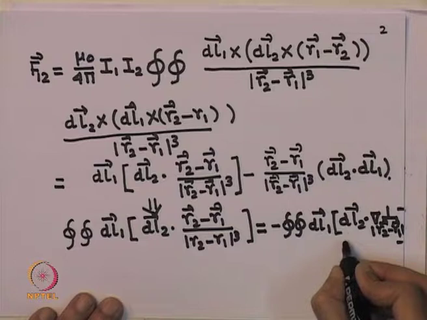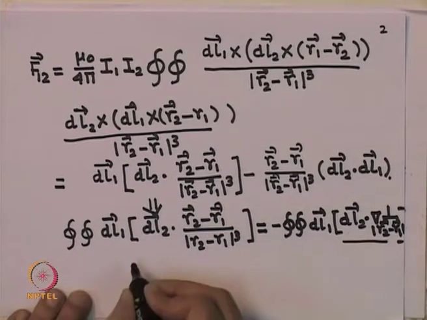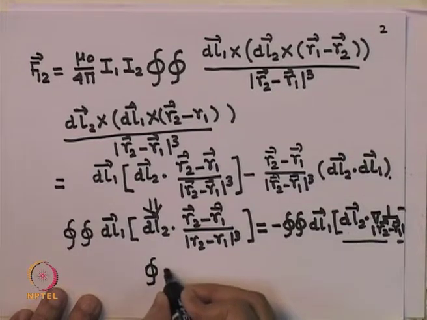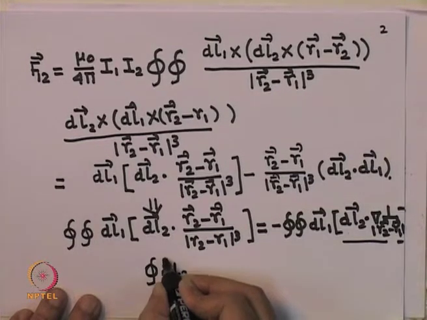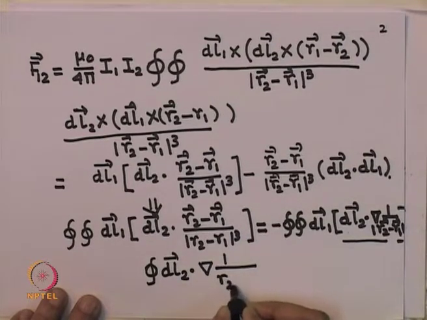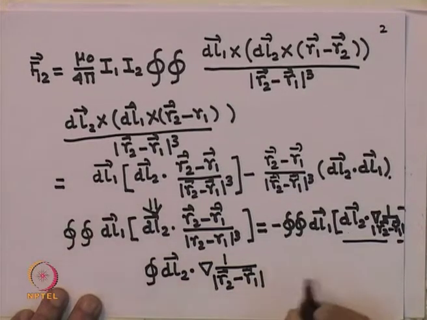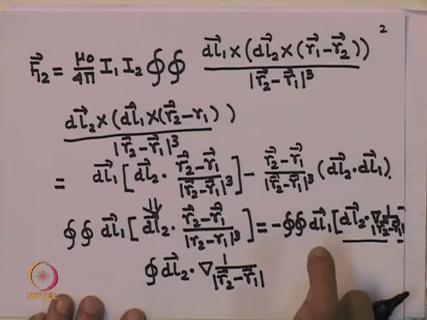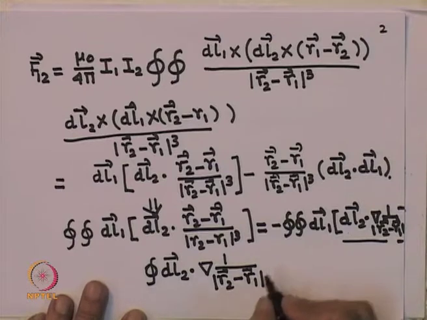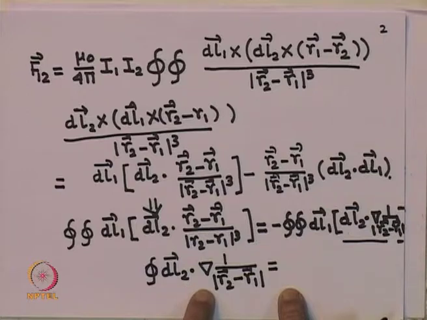Now notice that I have done this integral. So, let me write it down, it has become slightly clumsy. I have an integral to calculate, which is dL2 dotted with the gradient of 1 over |R2 minus R1|. After I calculate this, I will then do an integral over L1 and then of course, pick up a minus sign. But you notice that this quantity is a line integral of a gradient.